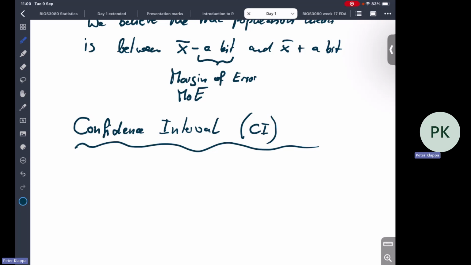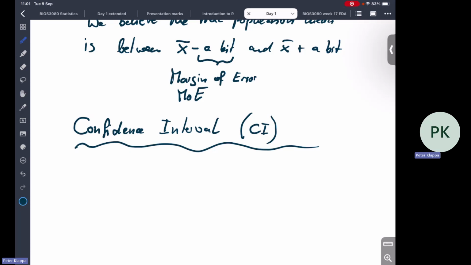Now, first of all, we need to think about what this confidence interval might depend on. And we can do that not by going into hardcore maths, but by just following our intuition.